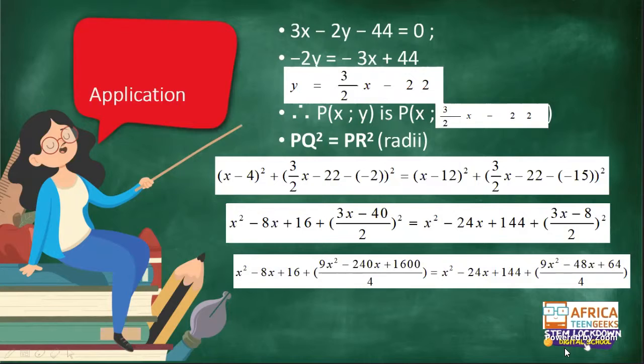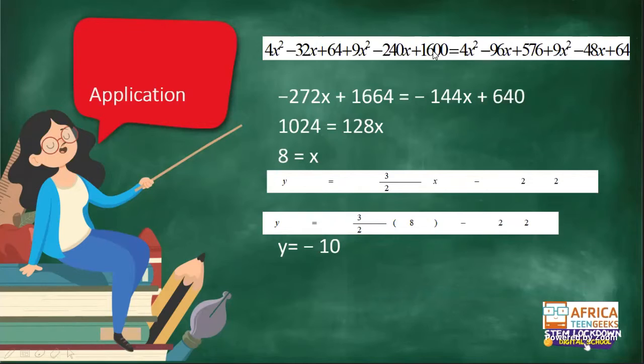So that is now where you're going to write x squared minus 8x plus 16 plus into bracket 9x squared minus 240x plus 1,600 divided by 4 equal to x squared minus 24x plus 144 plus 9x squared minus 48x plus 64 divided by 4. After that, you can group the like terms together, and that's what we're going to look at the next step.